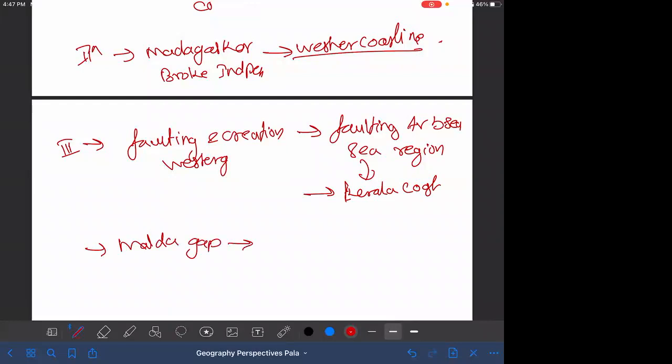That has altered the shape of the peninsula. The peninsula was extending till the west Meghalaya plateau. Now here you have the development of a deltaic plain. So this Malda Gap has been created, and there, due to the deposition of a lot of alluvial soil, it transformed itself into a sedimentary base or a plain region. So again, the shape of the coastline has changed.